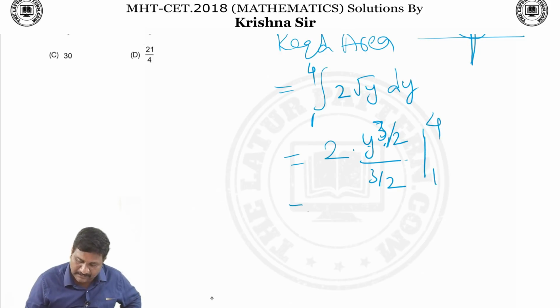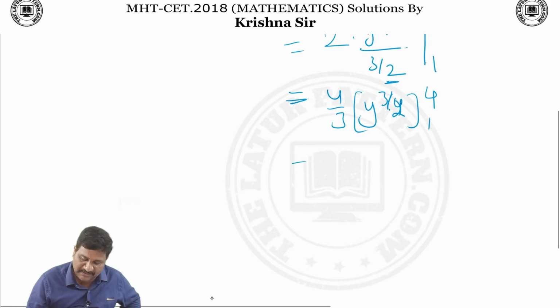Now here this 2 comes to numerator. Okay, 4 by 3 into y raised to 3 by 2, whose limits are 1 to 4.